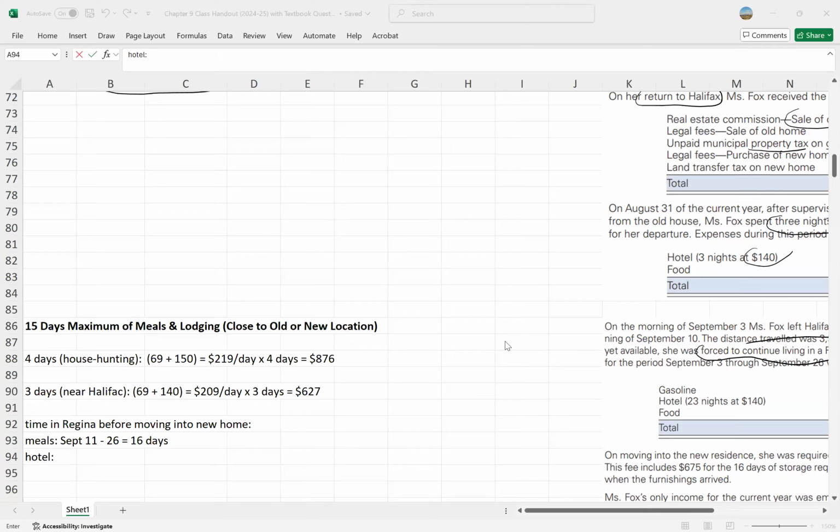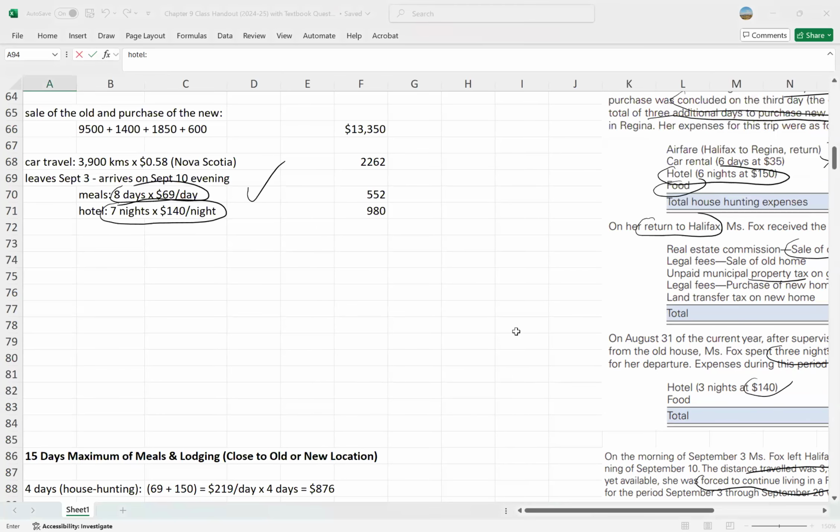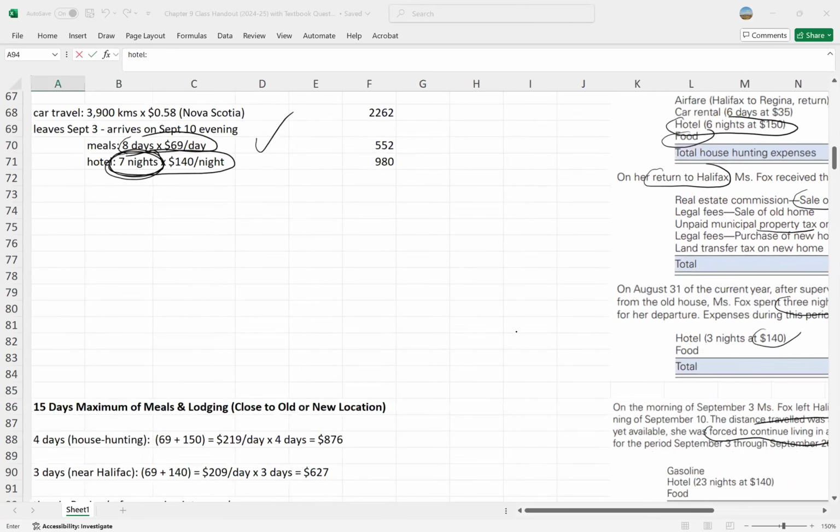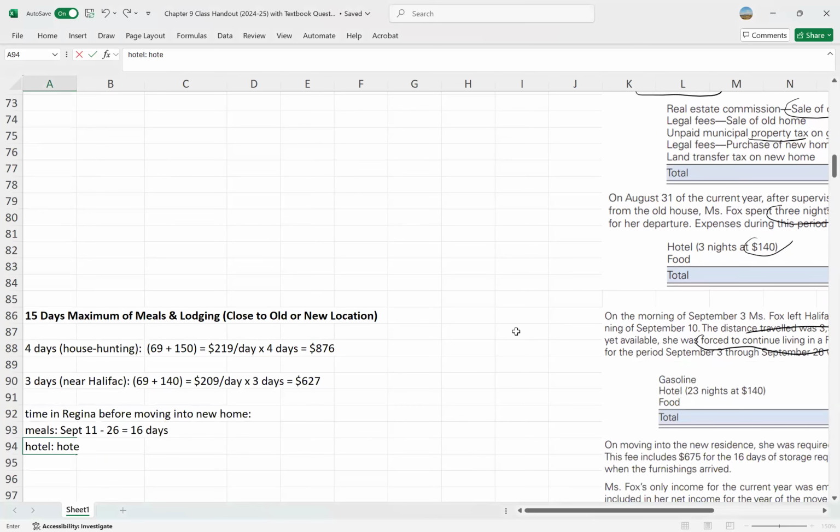Perfect. Let's talk about the hotel then. Remember we said that for the hotel, the night of the 10th, we did not include here because she was not traveling. So for the hotel then, we would include the evening of September the 10th. But if you think about it, she's going to be moving into her new home and she'll be in her new home by the evening of the 26th.